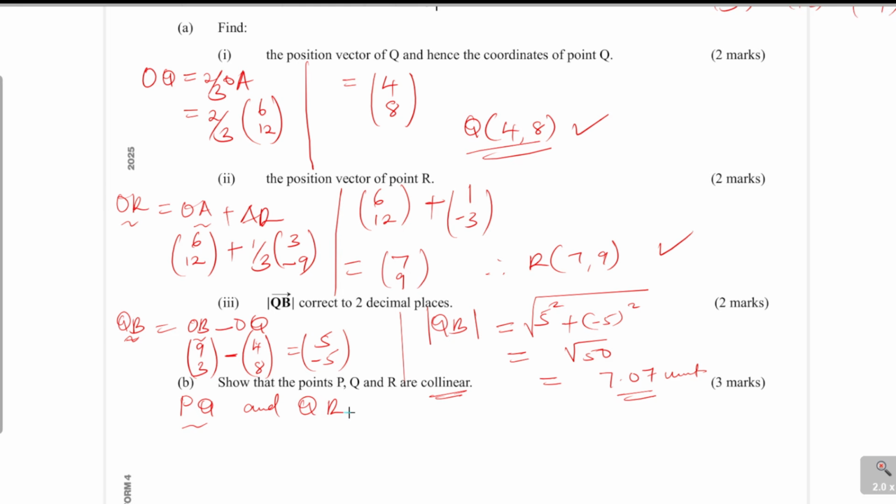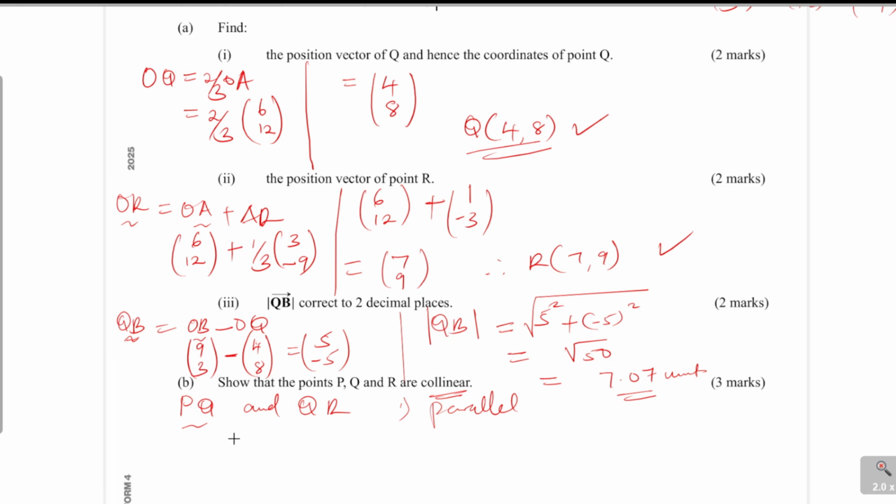Those vectors that you formed, for you to prove collinearity, you have to show, number 1, that they are parallel, by showing that there exists a scalar between them, or these 2 vectors are scalar multiples of each other.